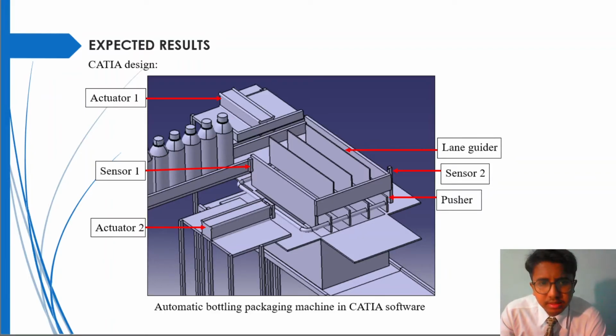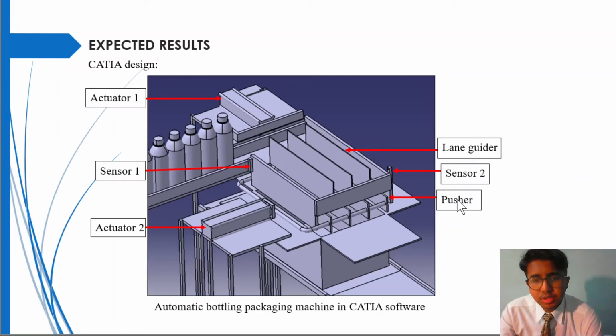As you can see here, this is the prototype of the automatic bottling packaging machine in CATIA software. This is actuator 1, which is the electric linear actuator, sensor 1, the true beam photoelectric sensor, actuator 2, which is the same as actuator 1, the lane guider, which will guide the bottle when going into this section, and sensor 2, which is the photoelectric sensor, same as sensor 1.